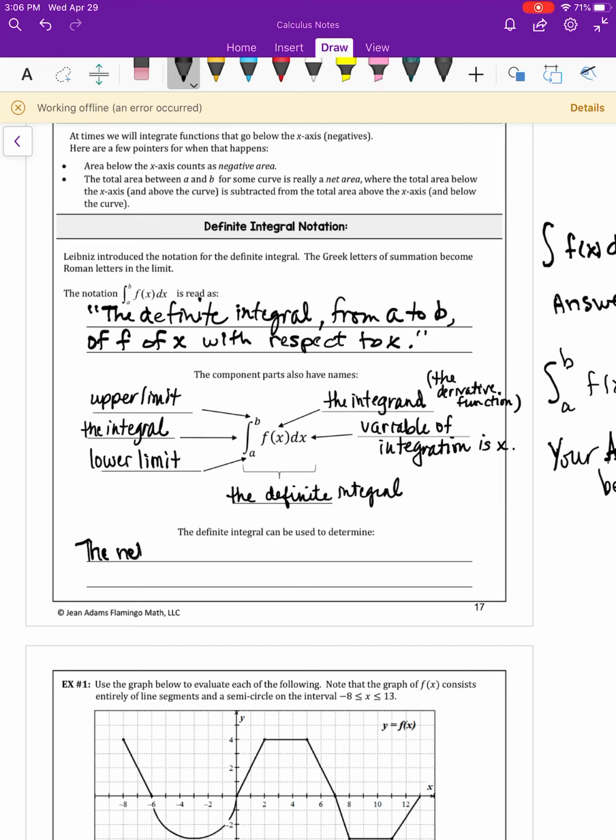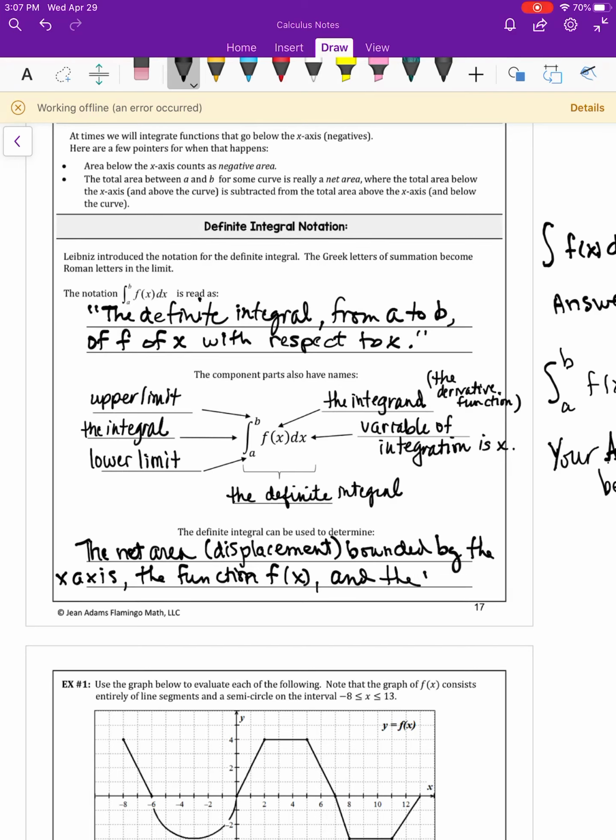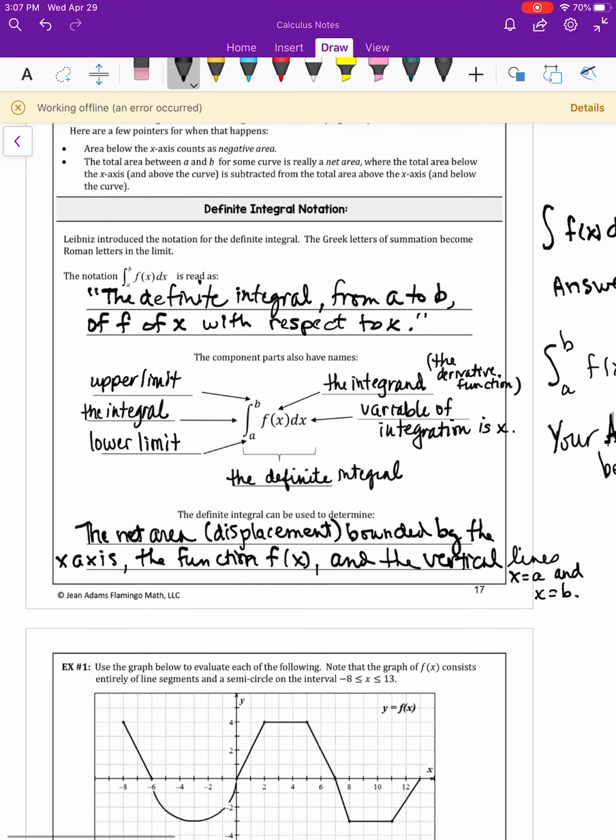So the definite integral can be used to determine the net area or displacement bounded by the x-axis, the function f of x, and the vertical lines x equals a and x equals b.